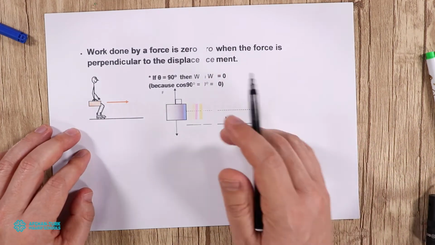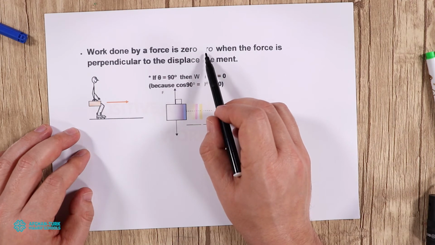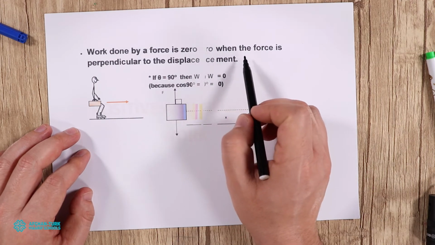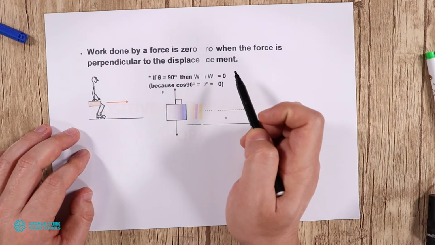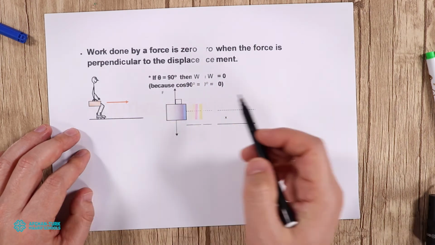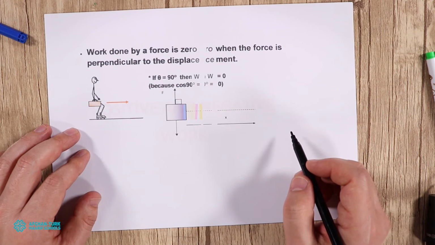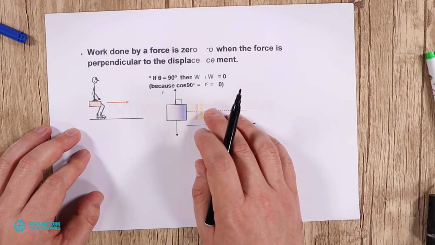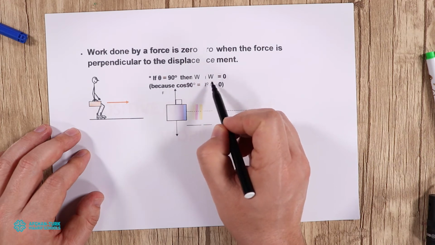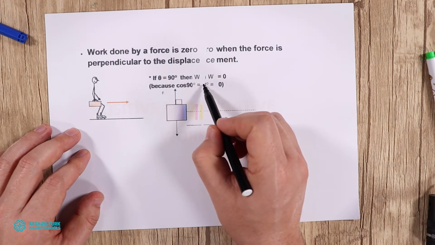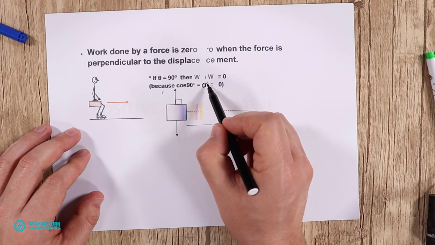Work done by a force is 0 when the force is perpendicular to the displacement of the object, because cosine 90 is equal to 0.